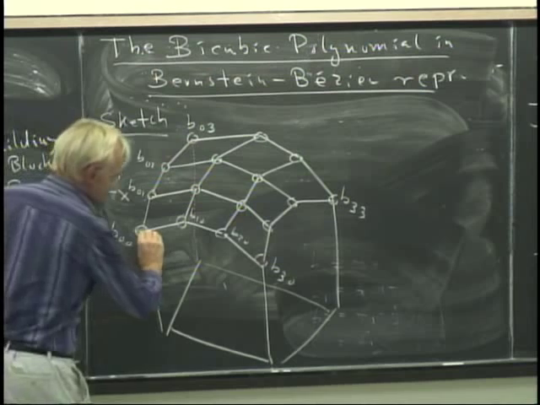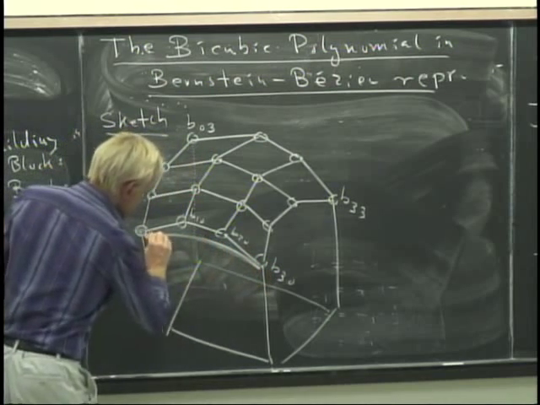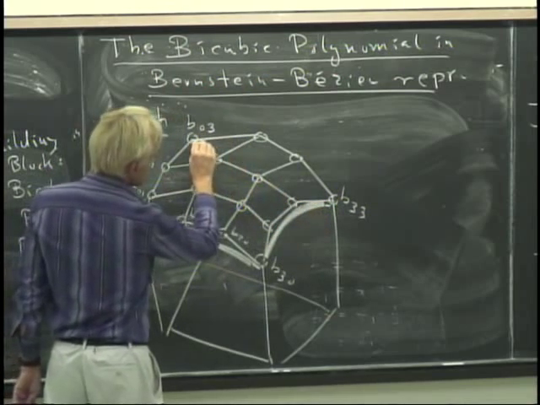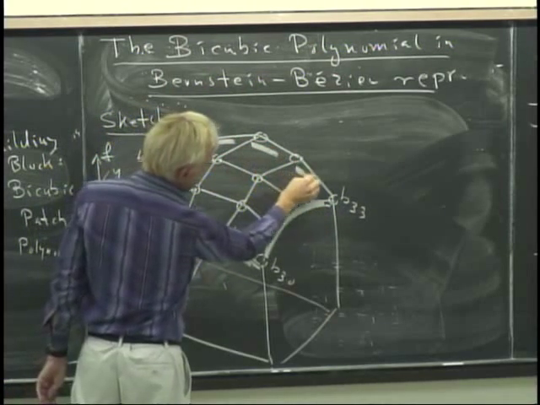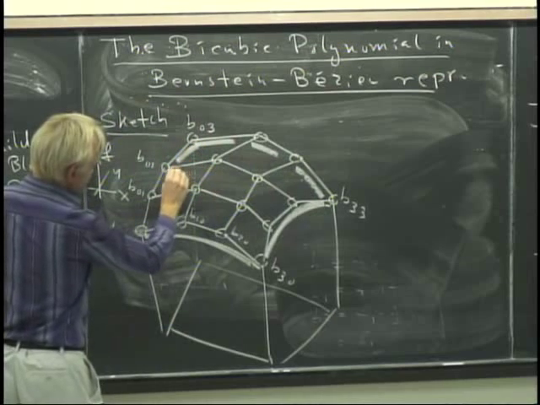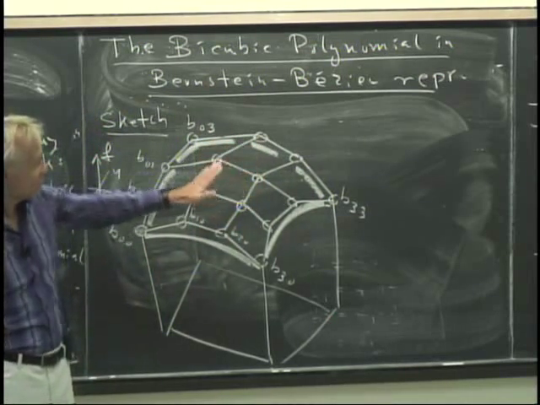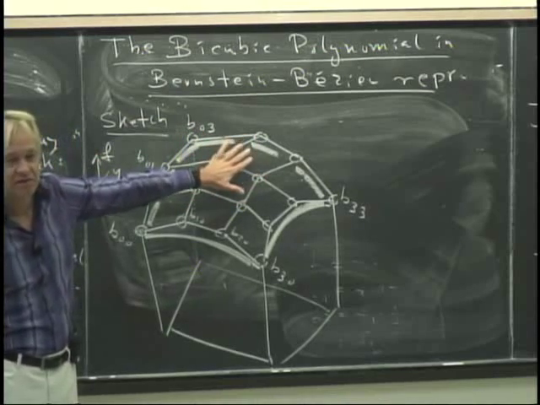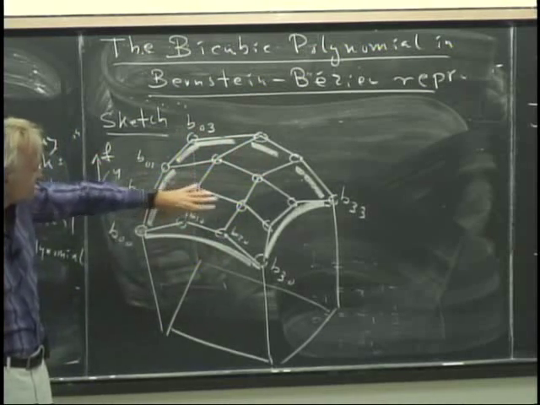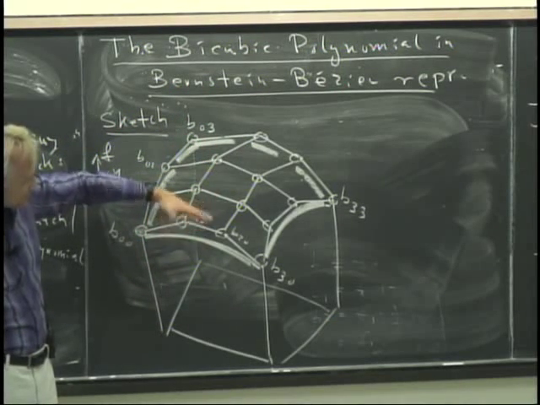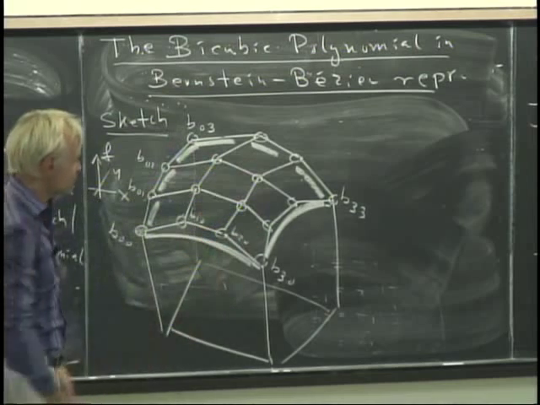The underlying patch or polynomial surface looks like this. Here's a curve. Here's a curve. Here's a curve. And here's a curve. Those are the boundary curves of this patch that lies underneath this tent. You can think of this polygonal mesh as an envelope, an umbrella of the smooth cubic patch lying underneath.